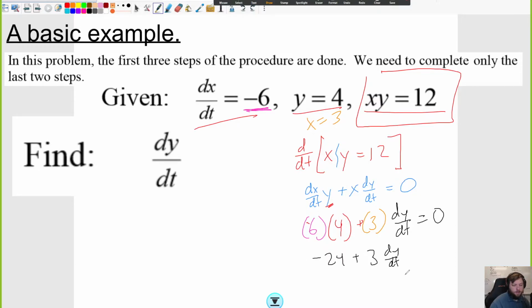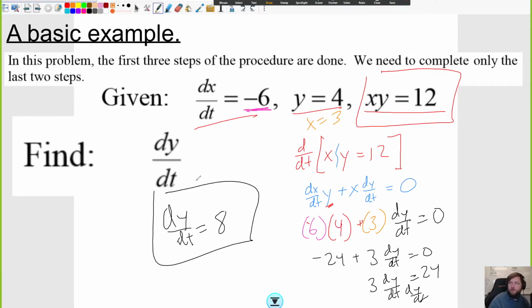You add 24 to both sides, and then dy dt would equal 8. There I go. There's no units in this case, so I'm not worried about it.